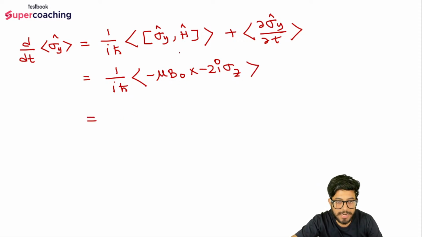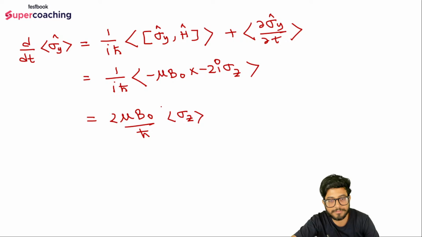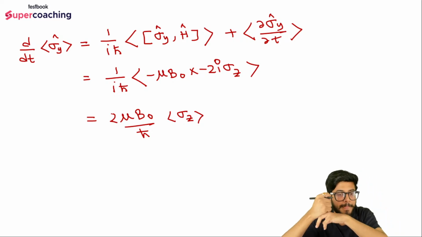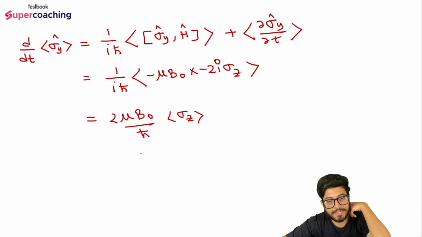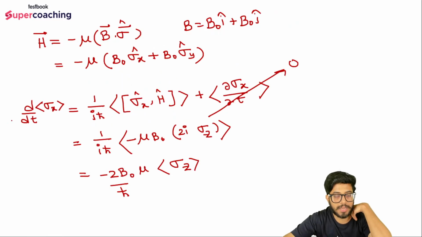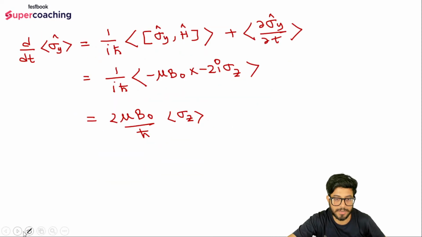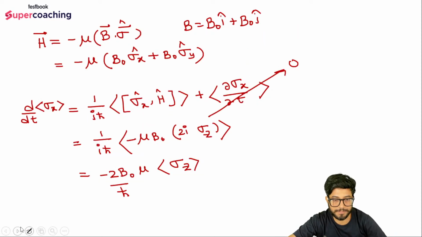Mu B0 will come outside, i can be cancelled out, so mu B0 by ħ, there is a 2, this will be the expectation value of sigma z. This thing is done. So d/dt of sigma y is equal to 2 mu B0 by ħ into sigma z, and d/dt of the expectation value of sigma x is equal to minus 2 B0 mu divided by ħ into sigma z. It's a good one.